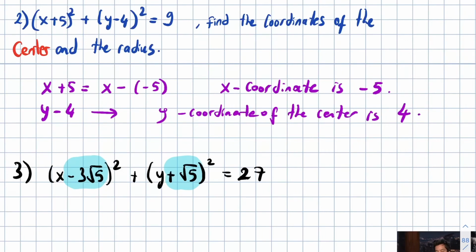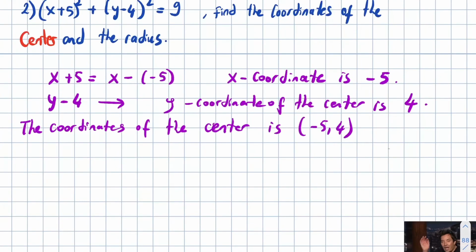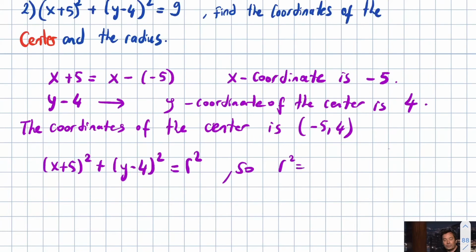So the center point is (-5, 4). Then (x plus 5) squared plus (y minus 4) squared equals r squared, so r squared is 9, and the radius is 3.